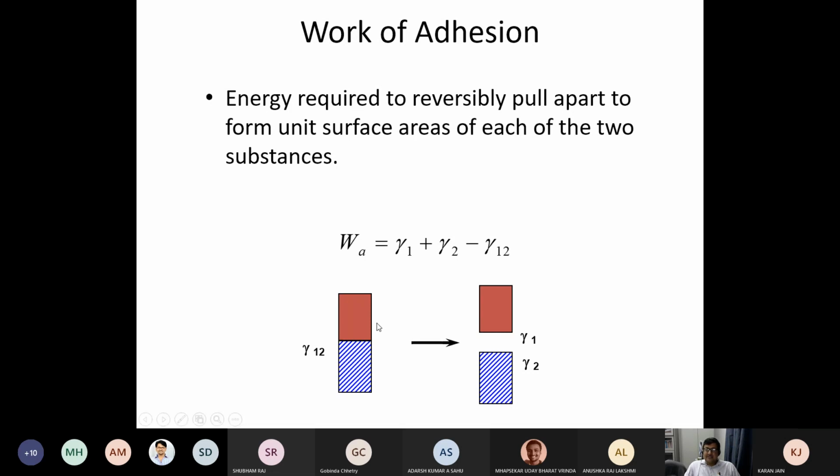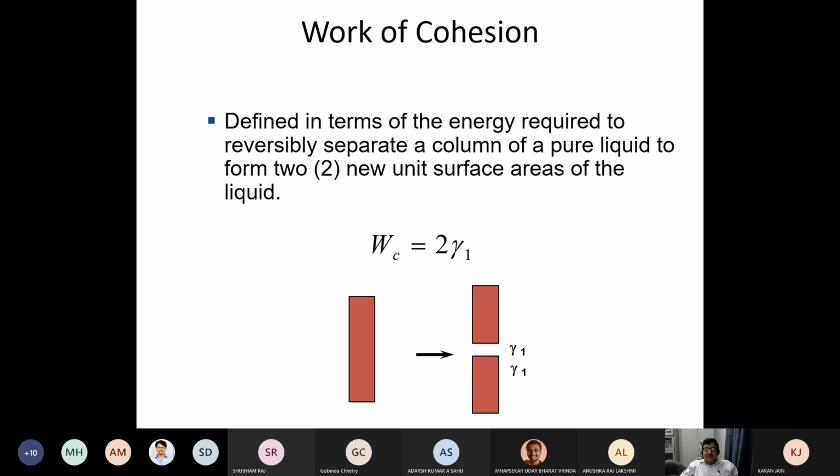In this direction, if energy is released, that is also feasible. So whatever you are doing, if it leads to release of some energy, the release of free energy, then only that is a spontaneous process. Otherwise not. Same for the work of cohesion.